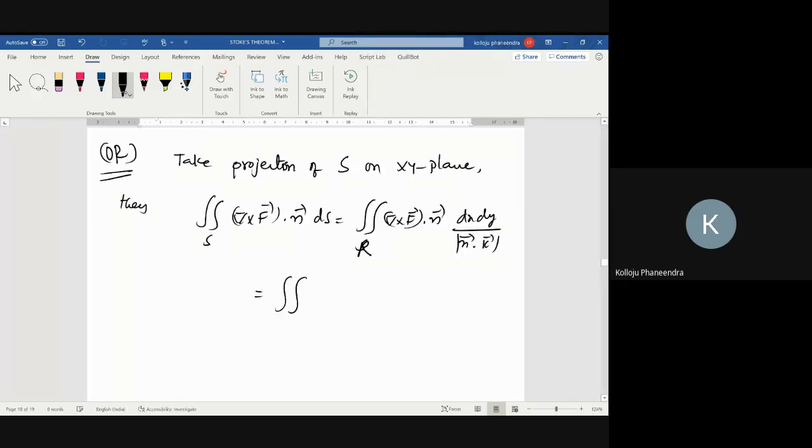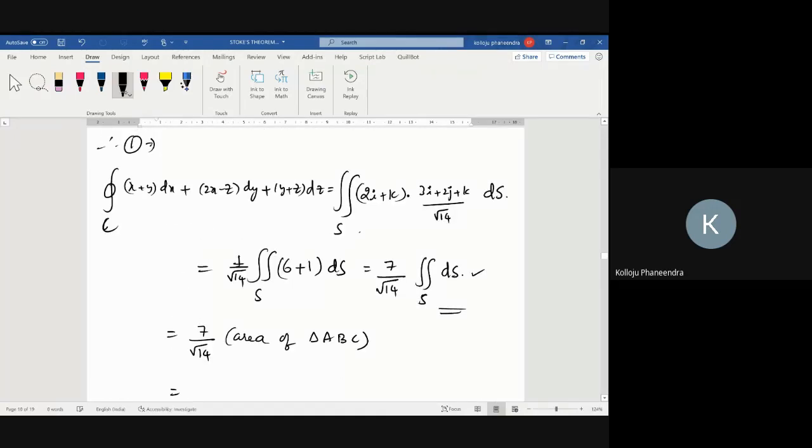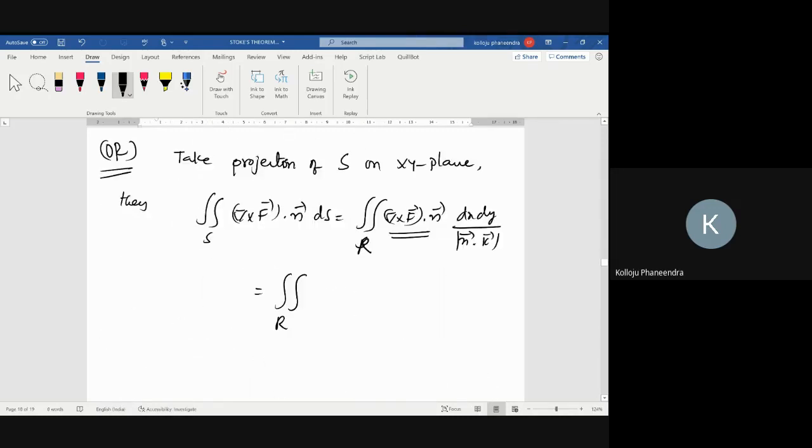Then what happens here? Already we calculated this double integral, del cross F bar dot N bar. What is this value? Del cross F bar dot N bar value is 7 by root 14. Is it correct? So if I substitute all things, 7 by root 14 and dx dy by n bar dot k bar. Now, what is n bar dot k bar?